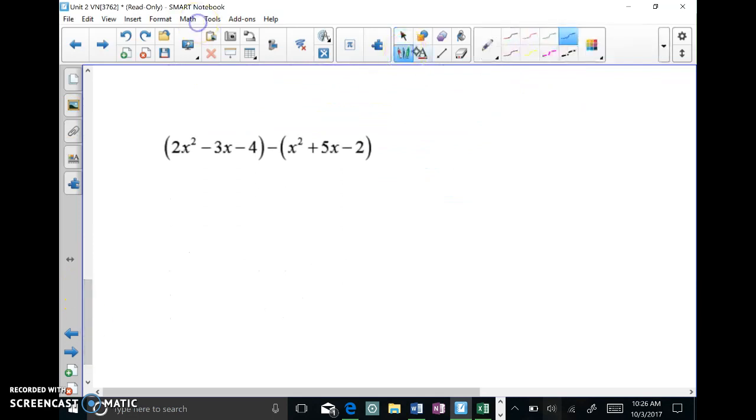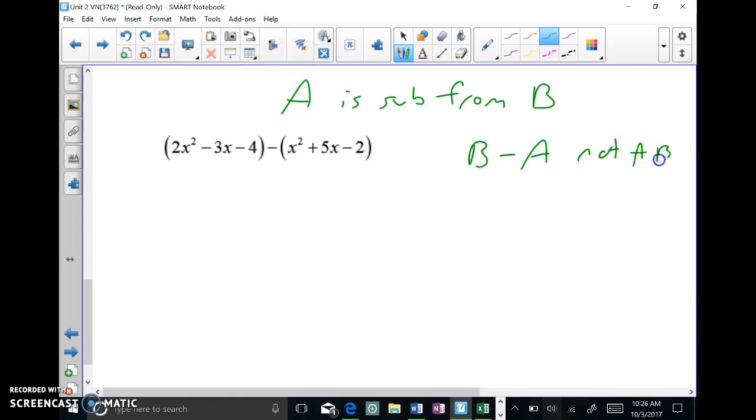Okay, so when I see a subtraction, let's be careful. A lot of times you'll see the wording, what you'll say is this term, the second term, is subtracted from the first term. So if you see subtracted from, like if I said A is subtracted from B, that means B minus A, not A minus B. And that's where people get confused.